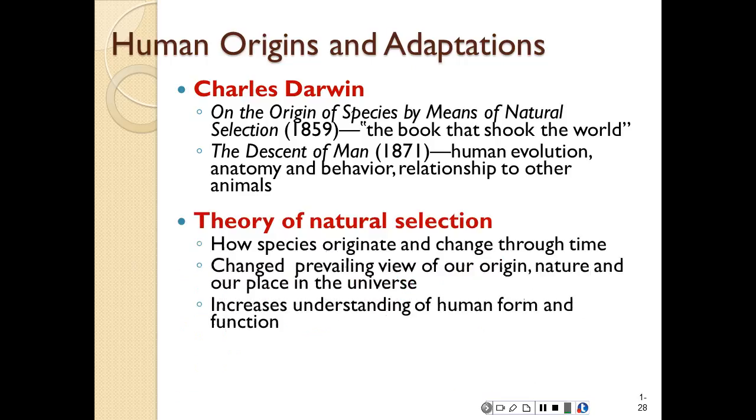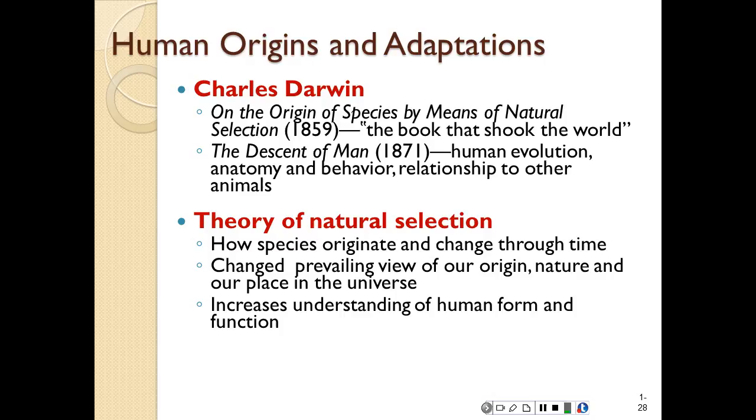He also wrote The Descent of Man in 1871, and it addressed the issues of human evolution, anatomy and behavior, and relationship to other animals.